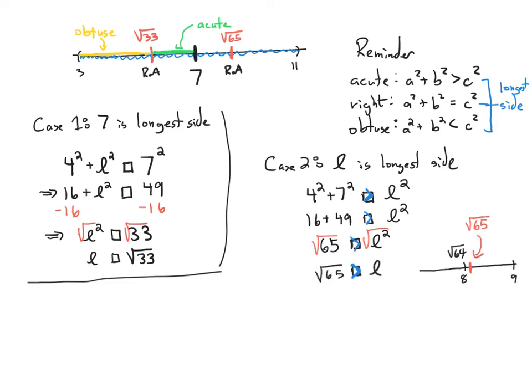And that tells me that when square root 65 is greater than L, or if L is less than square root 65, then we have an acute triangle. But remember, we're in case 2, where L is the longest side. So L can't be smaller than 7. So that is this area that I'm coloring in. Here, still, we have an acute triangle. And just like before, let me erase this.